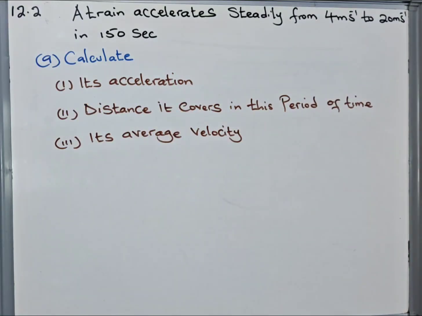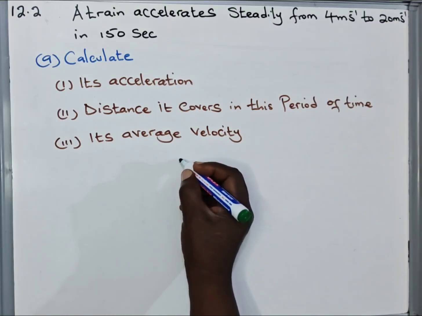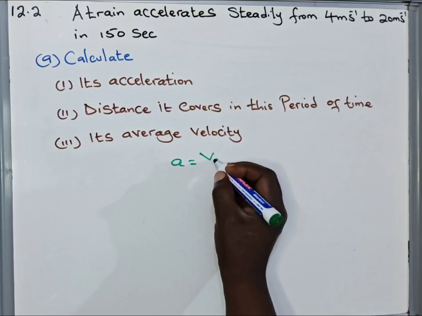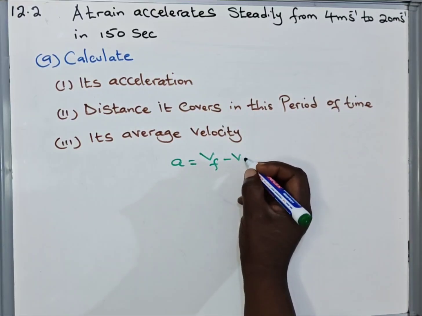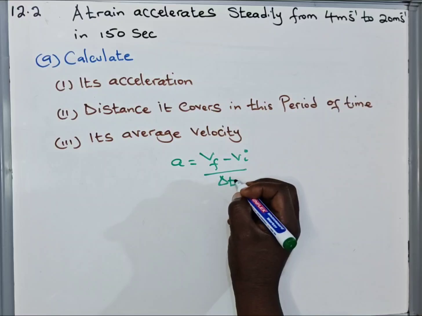How do you go about this? Here you have to be reminded that acceleration is given by a change in velocity, which is final velocity minus initial velocity, over change in time.